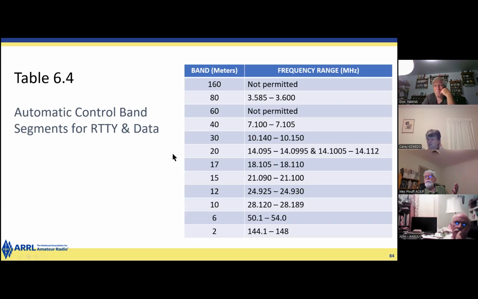And that's what you want to do, because if you're operating a station manually and the other guy is too, if somebody gets on your frequency or you get on their frequency, they'll tell you, hey, frequency's in use. But an automatically controlled station can't do that. It doesn't know how to.